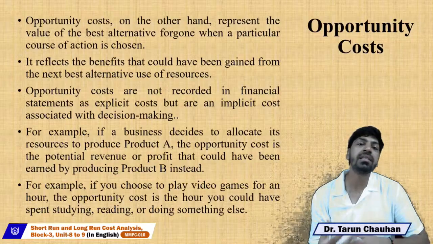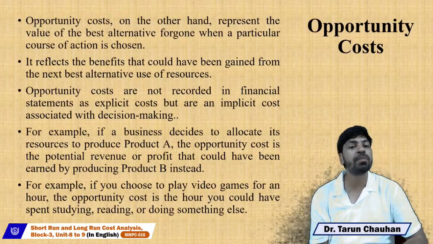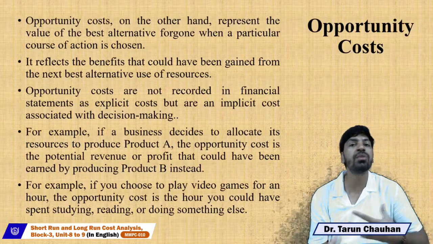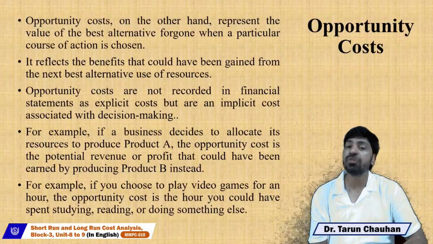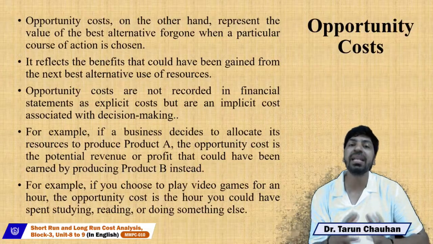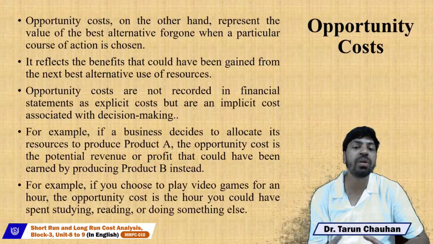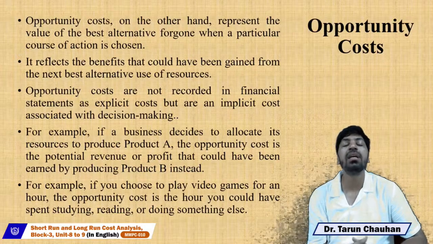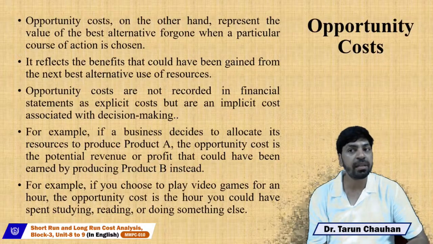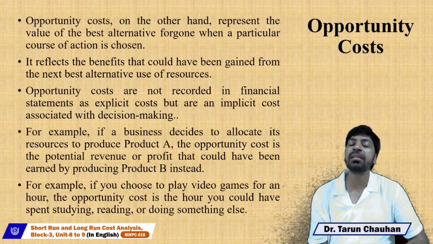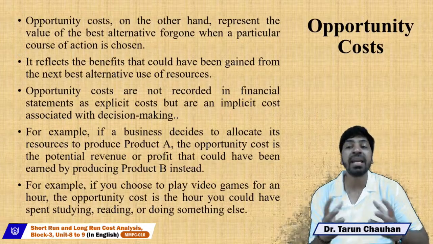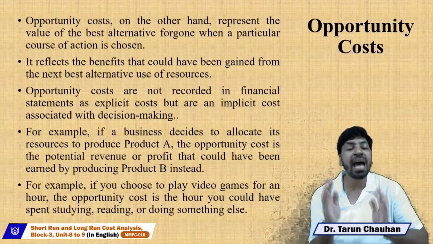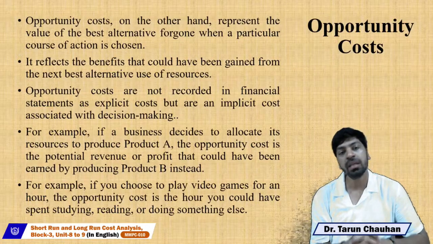Let's consider another example to understand the opportunity cost. If a business decides to allocate its resources to produce product A, the opportunity cost is the potential benefit, in the form of revenue or profits, that could have been earned by producing product B instead of product A. That benefit, that revenue, that profit that has been foregone, is called the opportunity cost.